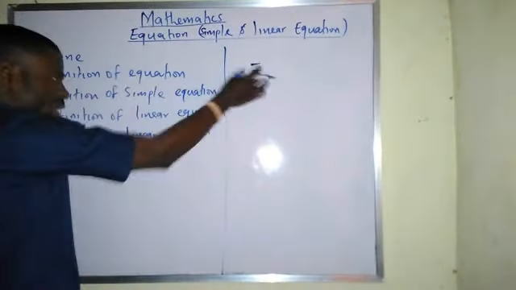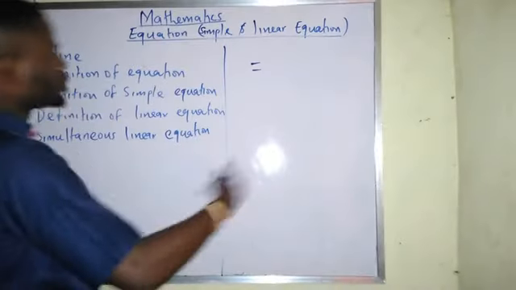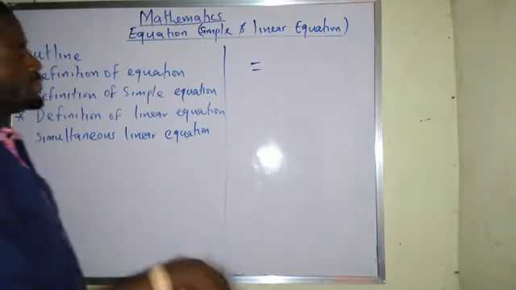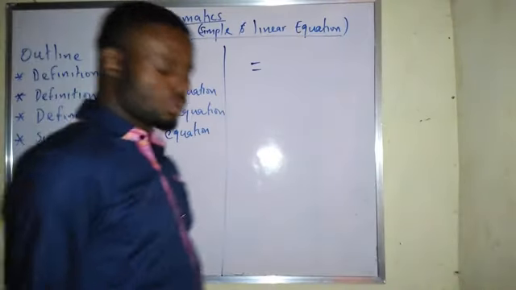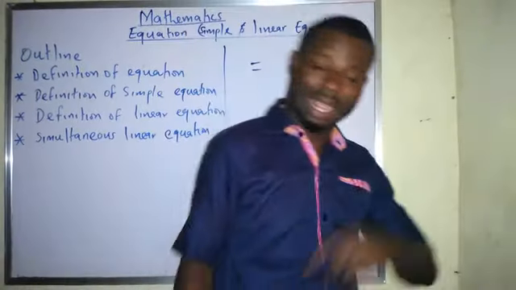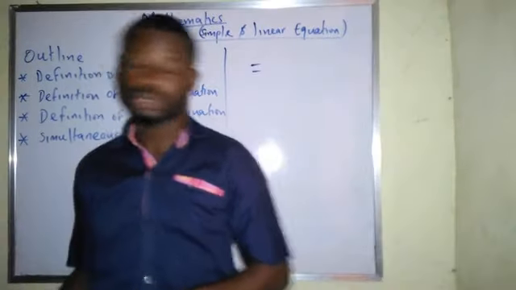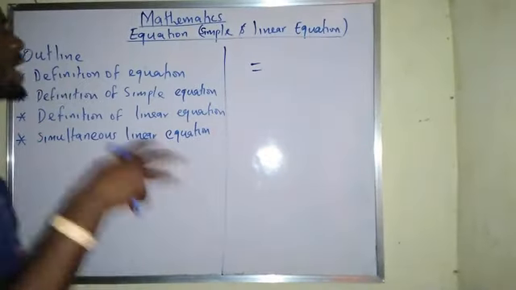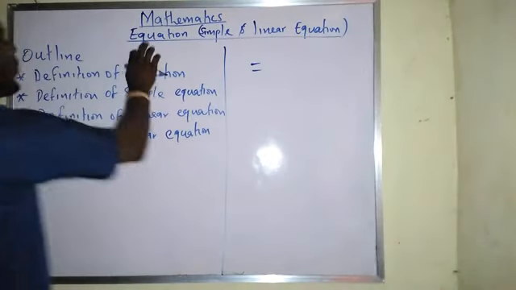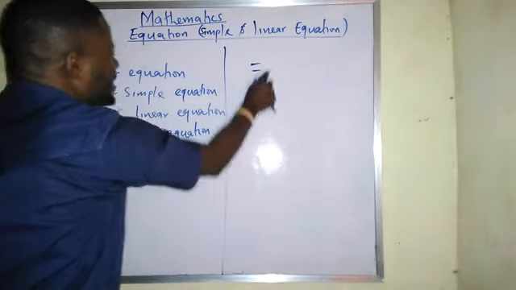But if the equality does not satisfy, we call it inequality. I think that should be our next 2 videos. We are going to work on it. Inequality, it can be greater than, less than, greater than or equal to, less than or equal to, any that satisfies the condition. But this time around, we'll be working on equation, which is where this sign is satisfied.